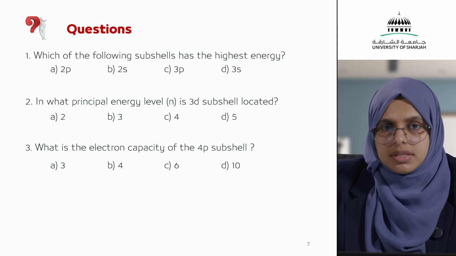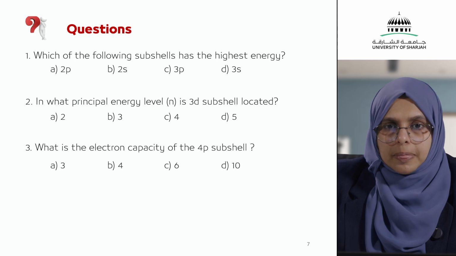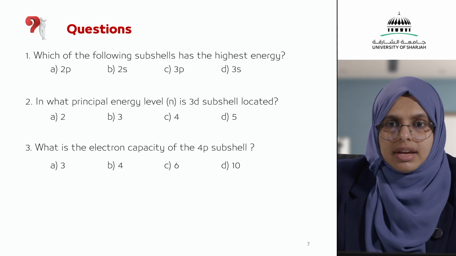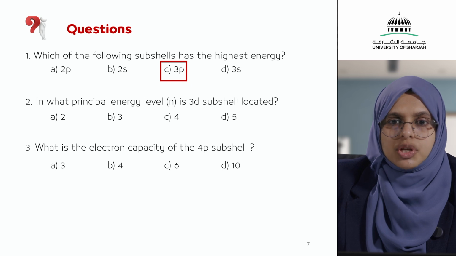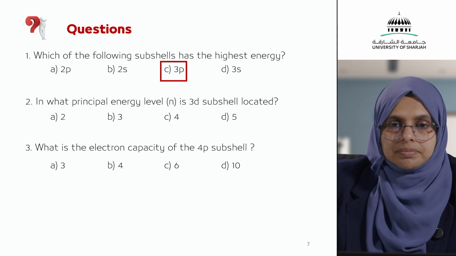Now let's try to answer some questions. Which of the following subshells has the highest energy? It is 3p. Next question: in what principal energy level is the 3d subshell located? It is 3. What is the electron capacity of the 4p subshell?